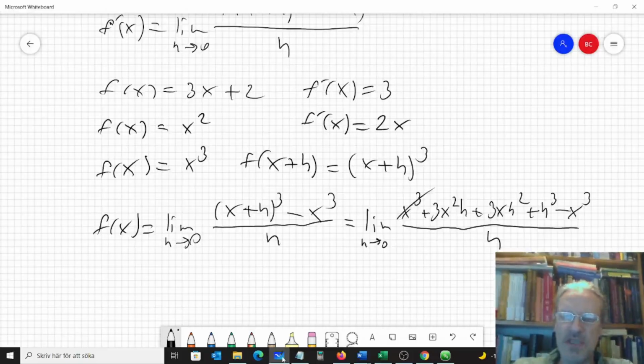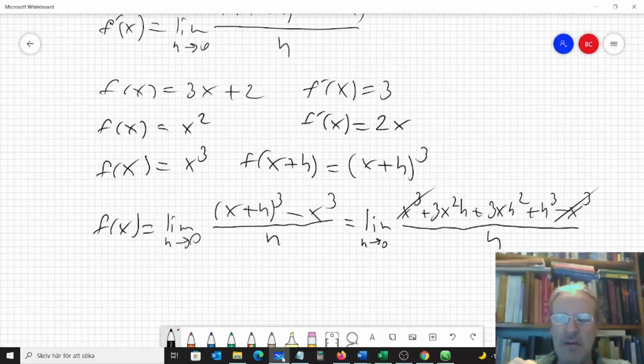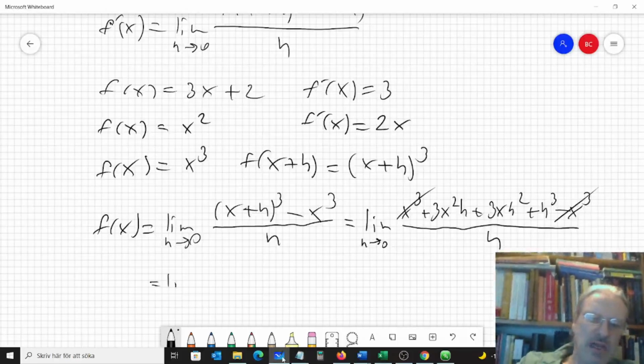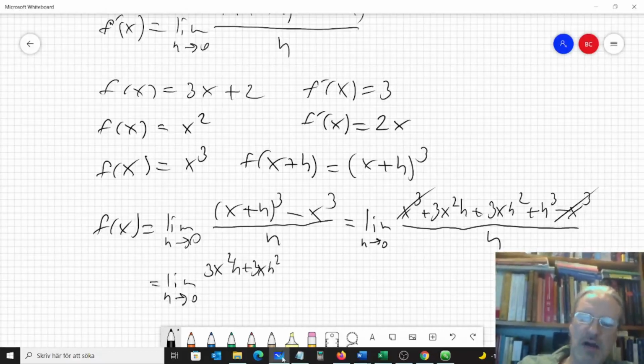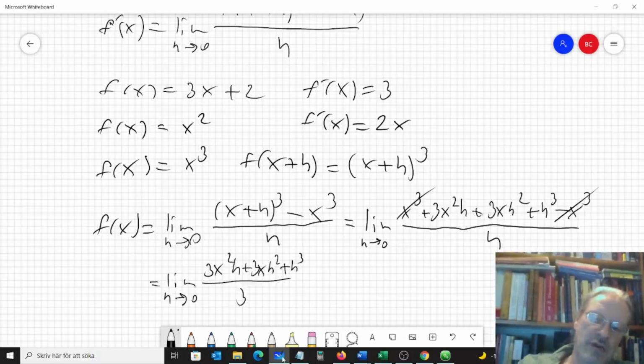As before, we see the x to the power of 3 will cancel against x to the power of 3. And we then see that we have the limit as h goes to 0 of 3x squared h plus 3xh squared plus h to the power 3 over h.